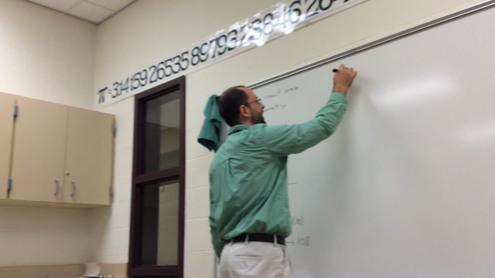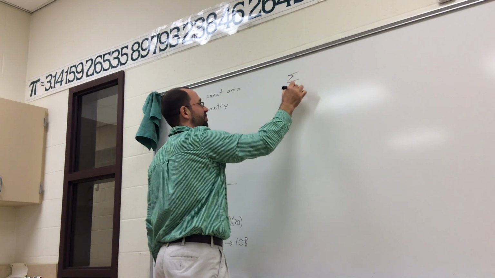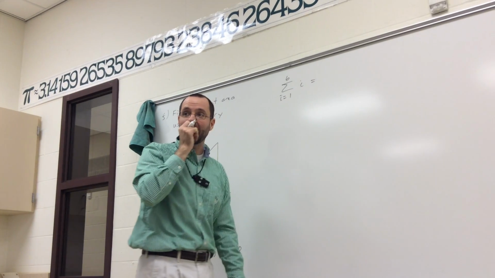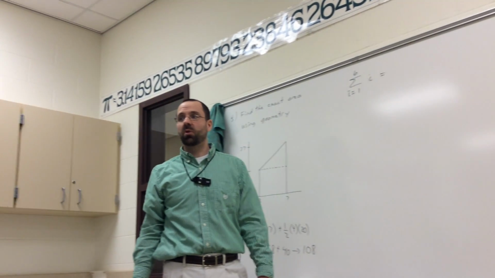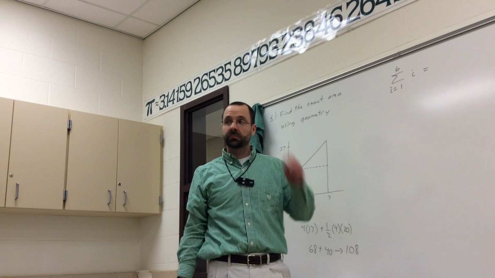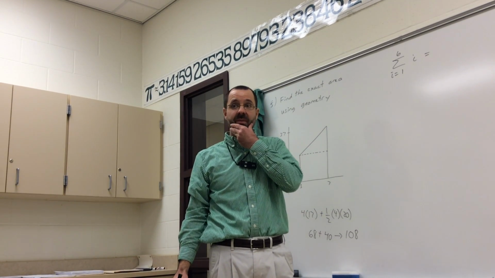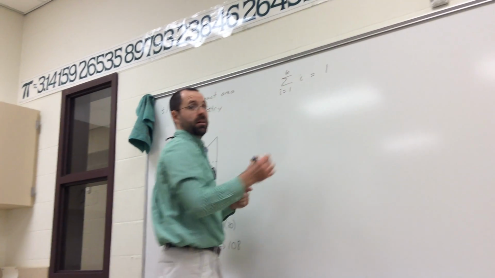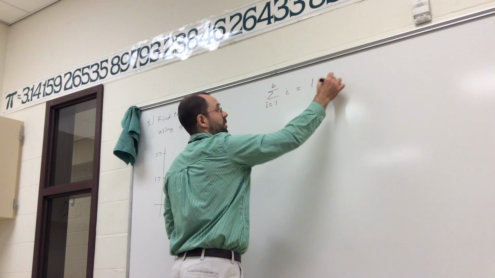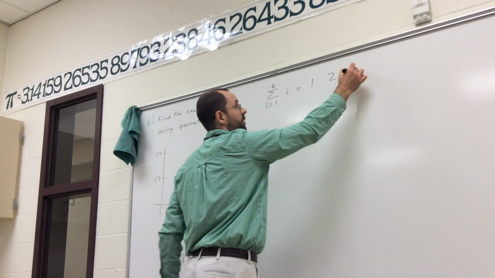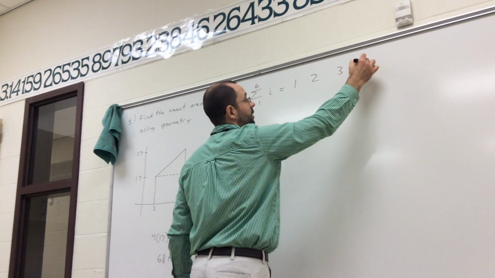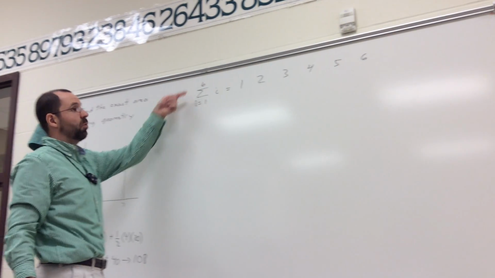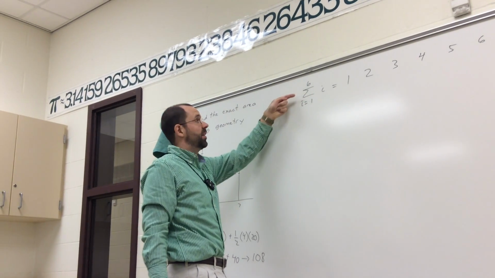Okay, so we've got the sum i equals 1 to 6 of i. Let's say we were going to add up the sum i equals 1 to 6 of i. Okay, so that would mean first make i 1, then make i 2, then make i 3, then 4, then 5, then 6. That's what i equals 1 to 6 means. And then add them all up.